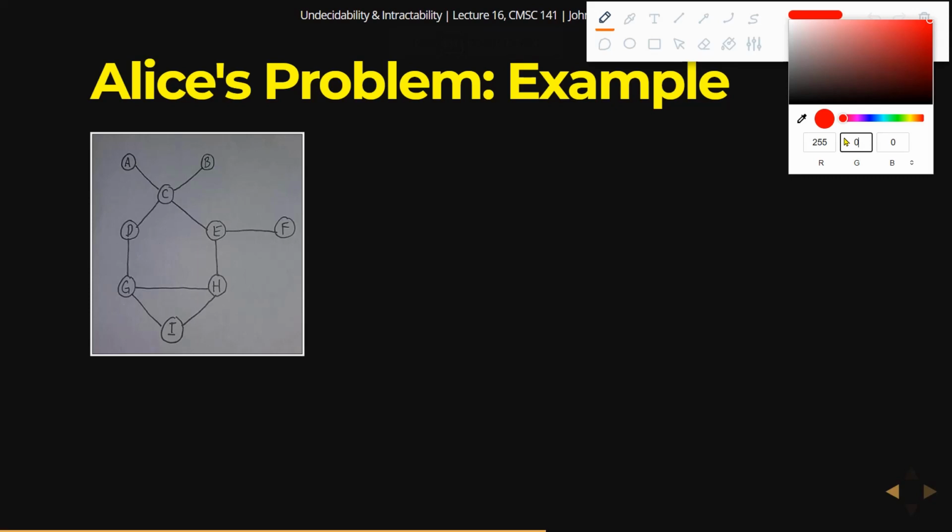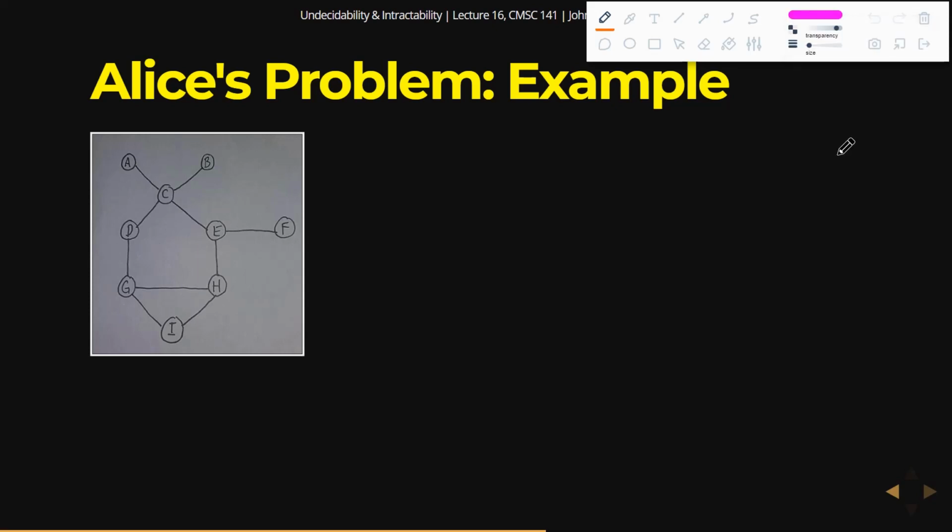If that's the case, then for example, we could install it in B, H, D, and then F. So let's see if everything is now covered.